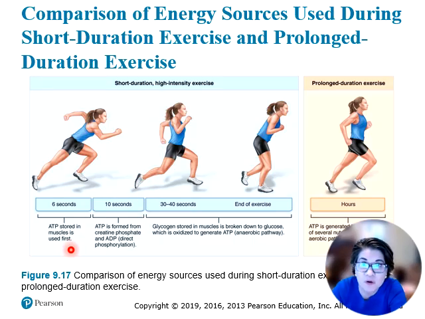So when you are running right away, you're going to start making some ATP through anaerobic, and if you do short bursts of exercise, you're going to be more doing anaerobic. But if you do long, prolonged exercise that's not as severe, slower, you're going to be doing more aerobic.